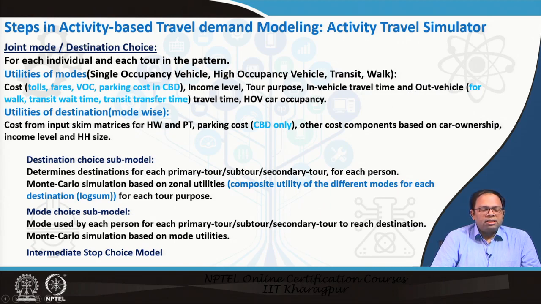Then utilities of destination mode wise again could be determined based on cost from input skim matrices for highway and public transit trips, parking cost, and other cost components based on car ownership, income level, and household size.